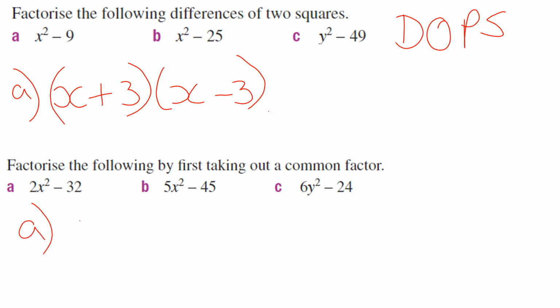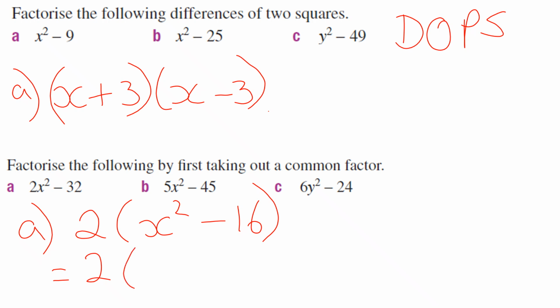So A, we're able to put a 2 out front, and then we're left with x squared minus 16, which is a difference of perfect squares problem. So we go 2 times x plus 4, x minus 4.